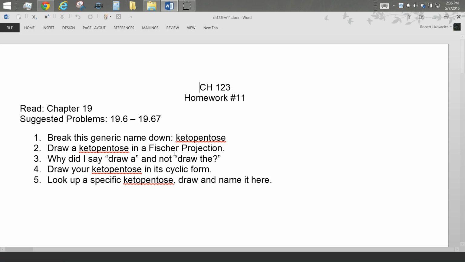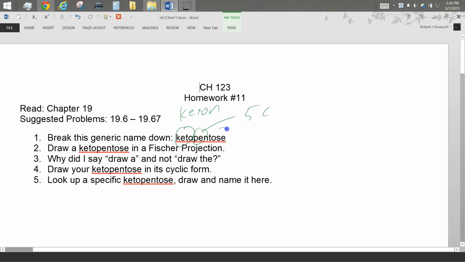So breaking this generic name down, what does the generic name mean? Ketone, 5 carbons, second. That good?